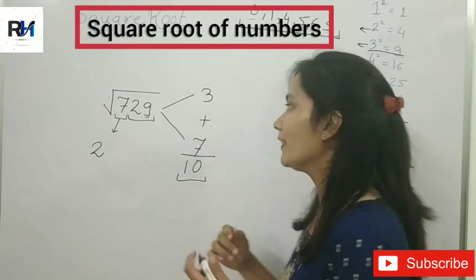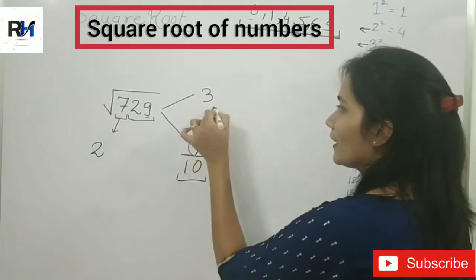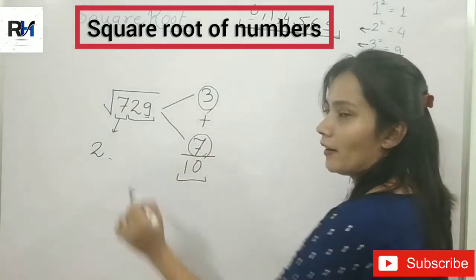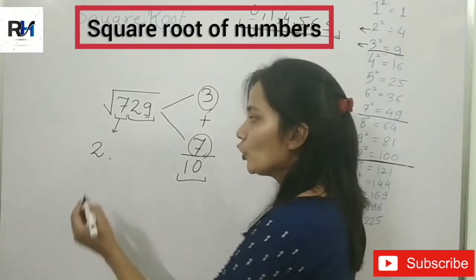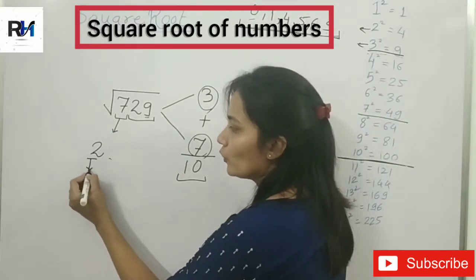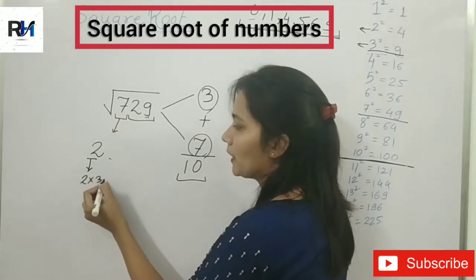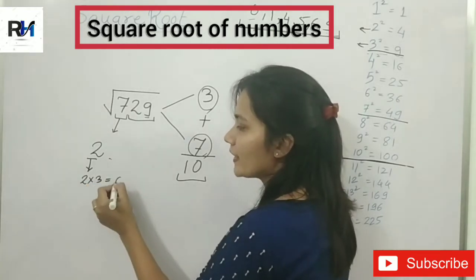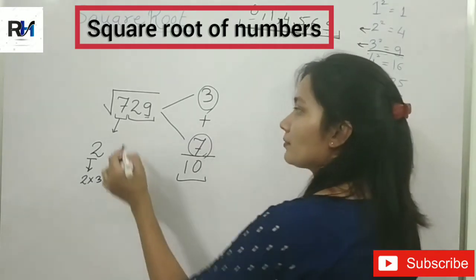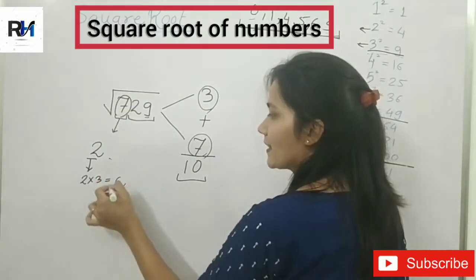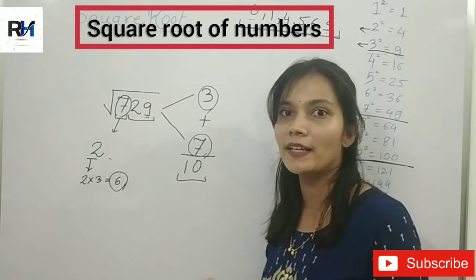Now you have to find out which of 7 and 3 will come here. You got this 2, so you multiply 2 by its next number, that is 3. 2 into 3 is 6. Now between this 7 and this 6, you see which number is greater.